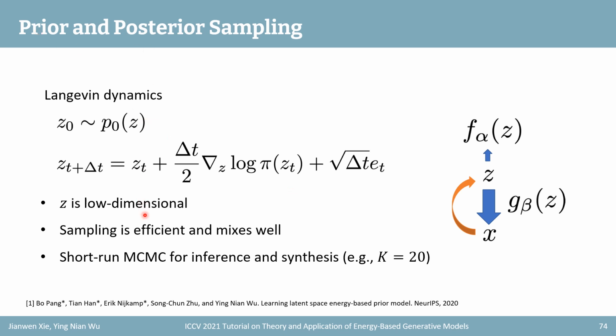Because Z is low dimensional, sampling can be very efficient and the Markov chain mixes well, and short-run MCMC can be used for both inference from the posterior and synthesis from the prior distribution with, say, K equal to 20 steps of MCMC.